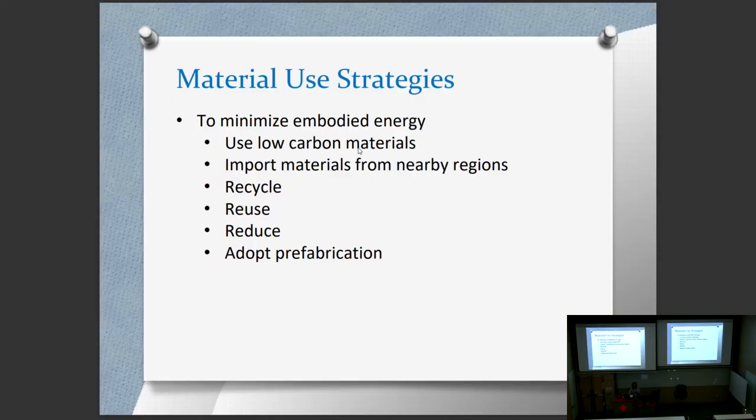So using bamboo for the flooring or for the partition could be a good way to reduce the embodied carbon. And some renewable materials like cork or linoleum are also low carbon materials.